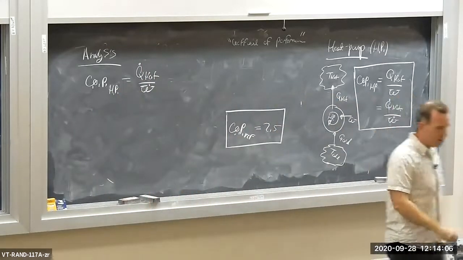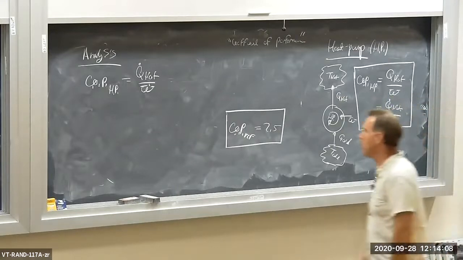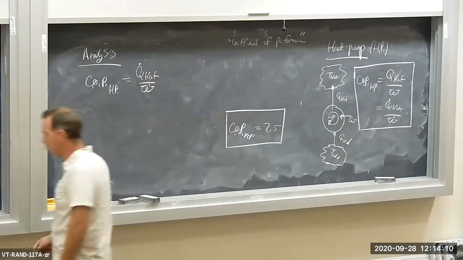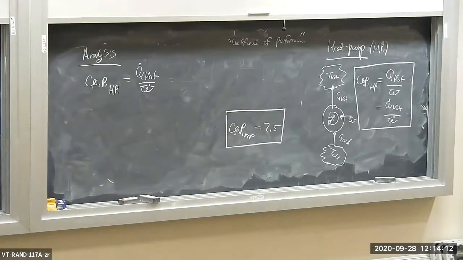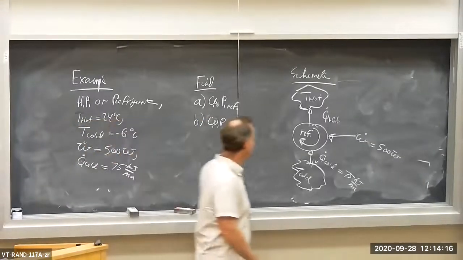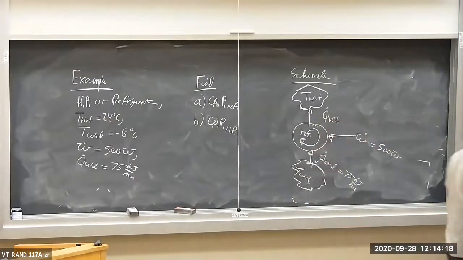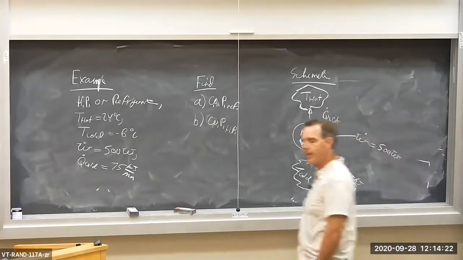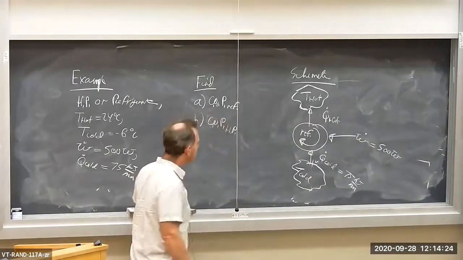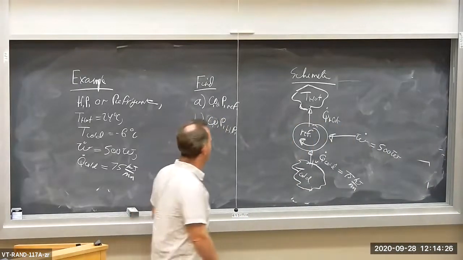Okay, that's the cost. The power input is the cost. Q dot hot is the benefit. Now, unfortunately, in the problem, we don't have Q dot hot. I have Q dot cold, but I don't have Q dot hot. How are we going to get the heat transfer to the high temperature place?